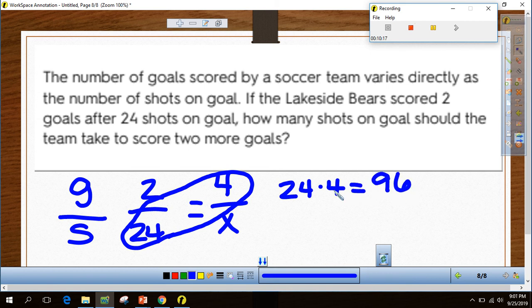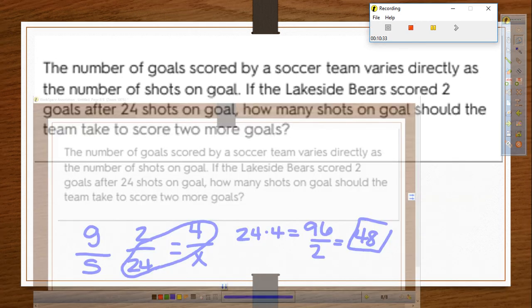And then I'm going to divide that by 2. 96 divided by 2 gives me 48. So the team would have to shoot 48 more shots on the goal in attempts to try to score 4 total. Let's look at another example.